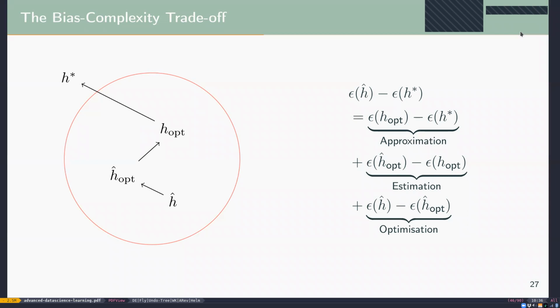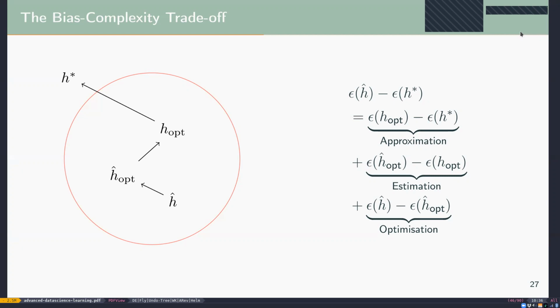And then I got my error from the optimal one in my hypothesis space out to the one that would be optimal. And that is the thing that's introduced by us limiting the hypothesis class. Right? And now you can break down these errors like this.